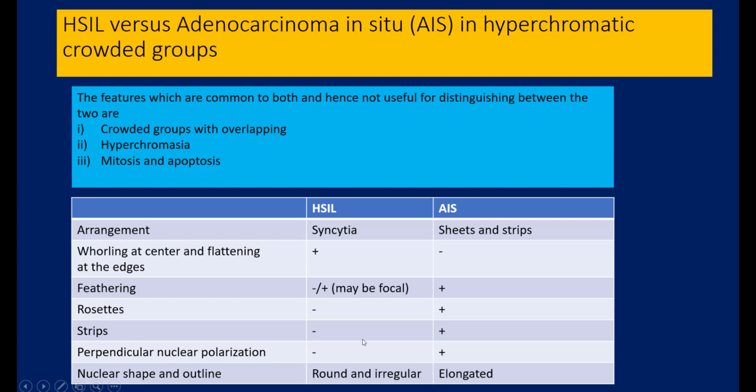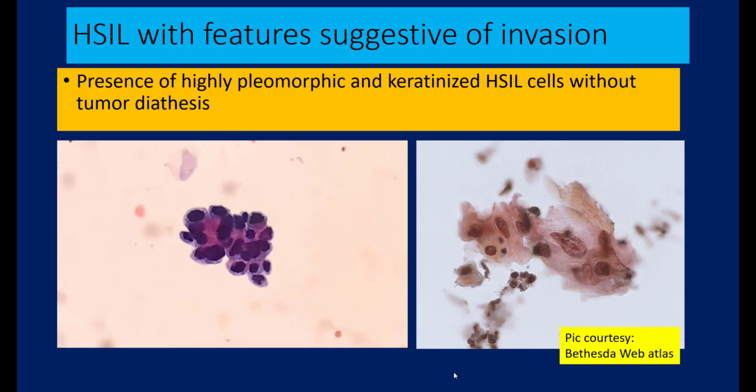Perpendicular nuclear polarization favors adenocarcinoma in situ. As for nuclear outline, if it is round and irregular, it favors HSIL, whereas if it is elongated, especially if the orientation is perpendicular, it favors AIS. But even keeping all these things in mind, things can be rather difficult.